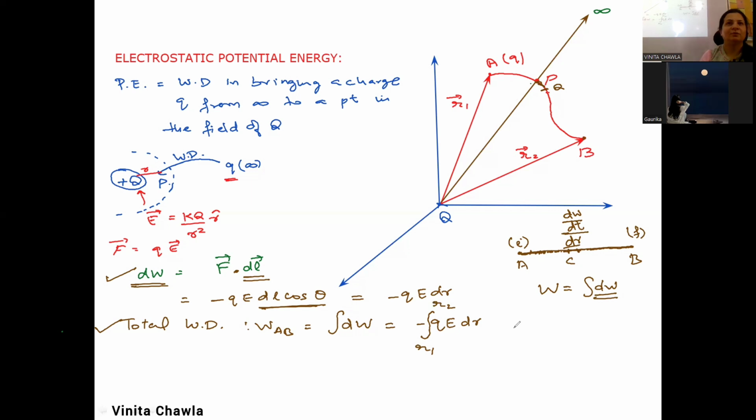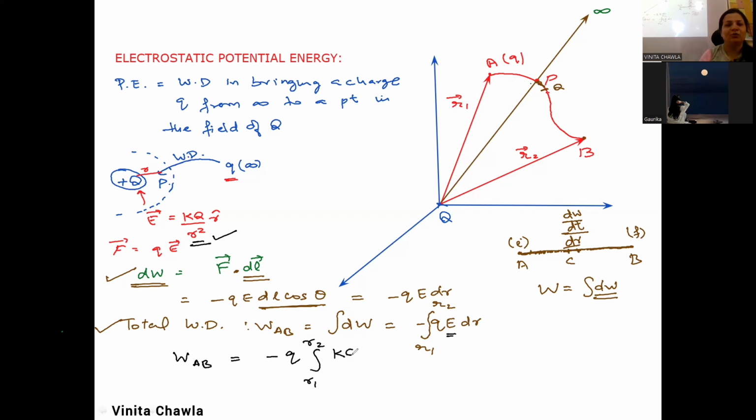Now we can solve. Okay, so net work done is minus Q, and for this E is KQ by R square. Okay, so we can write R1 to R2.